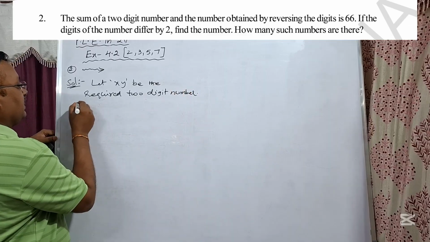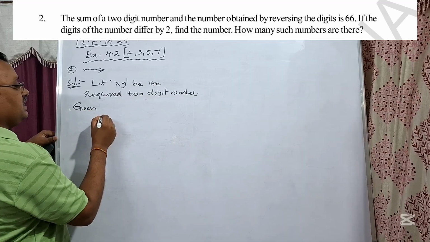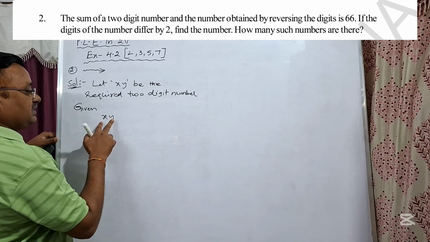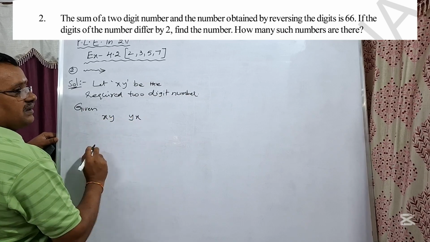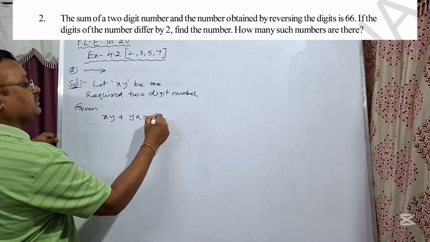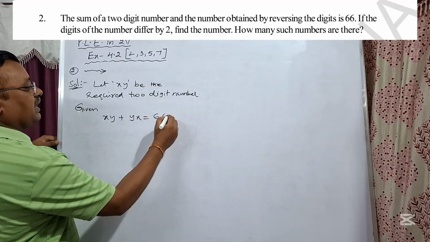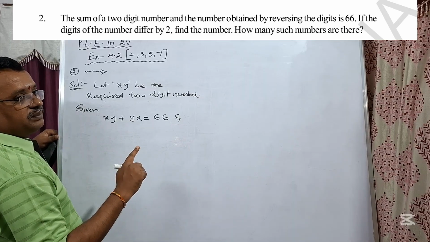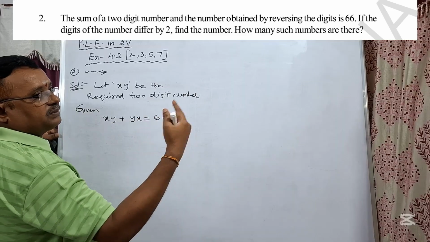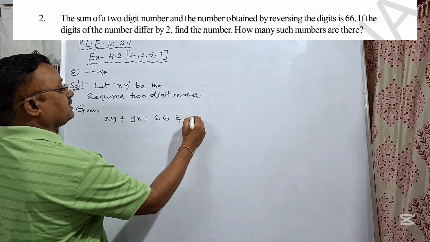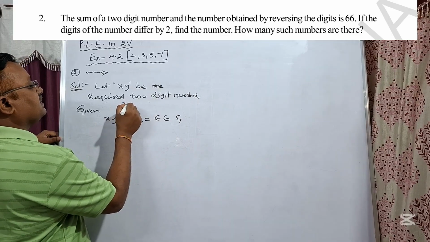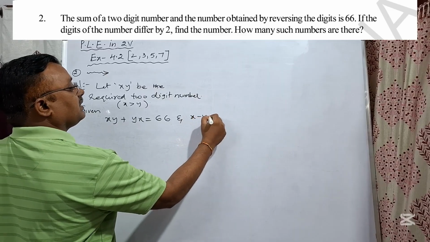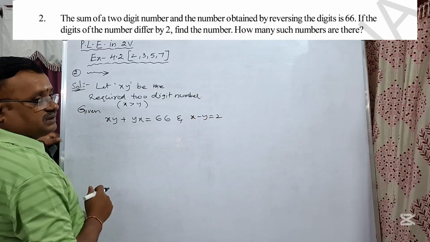Given this two-digit number and its reversing the digits, that is yx, the sum is equal to 66, and the difference of the digits means bigger value minus smaller value. I am taking x as greater than y for my convenience, then x minus y equals 2. These are the two conditions they have given.